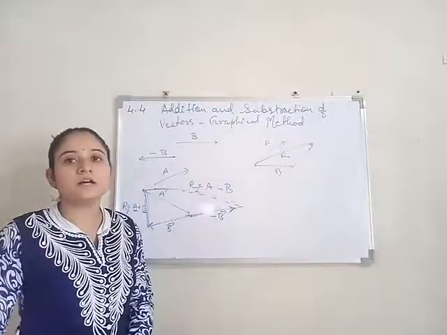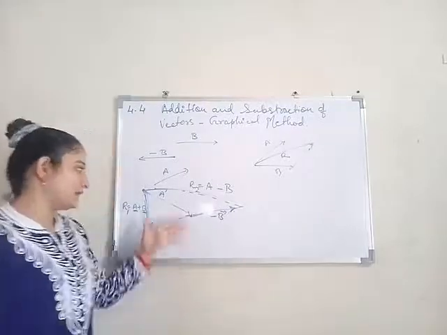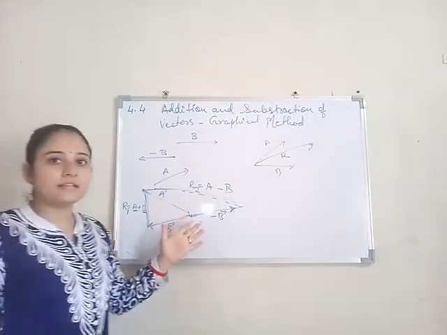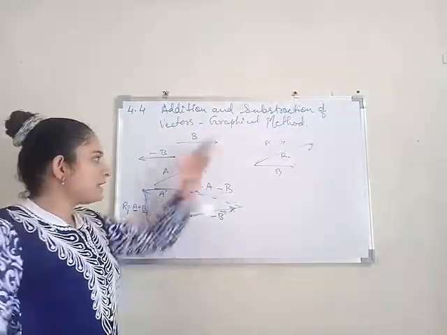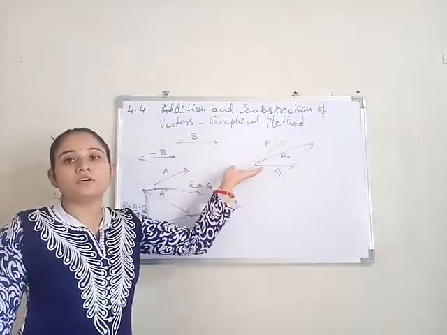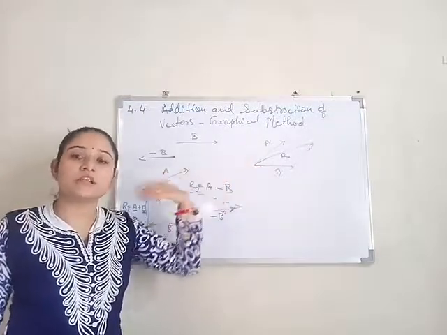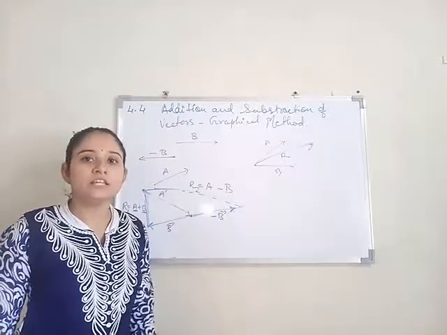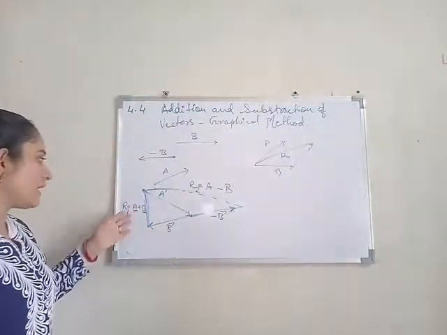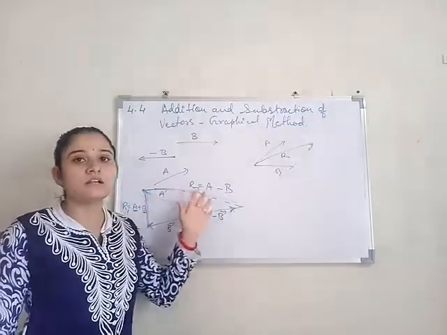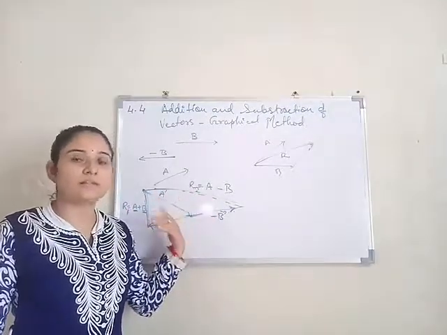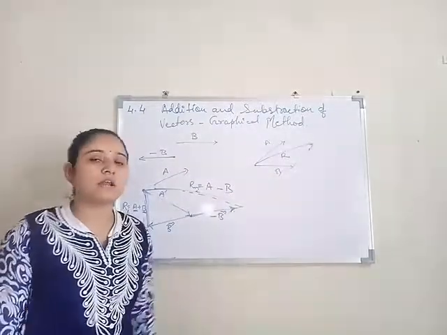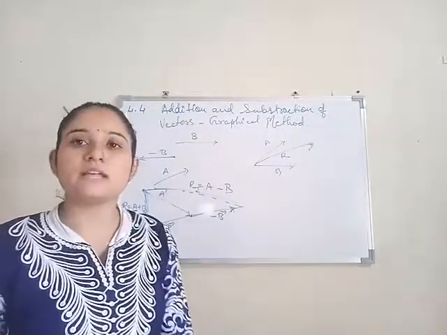So from this diagram you can say that the parallelogram law of vector addition and subtraction and the triangular law of vector addition and subtraction are equal to each other. Here you can have vector addition and also vector subtraction in the triangular method or in the parallelogram method.